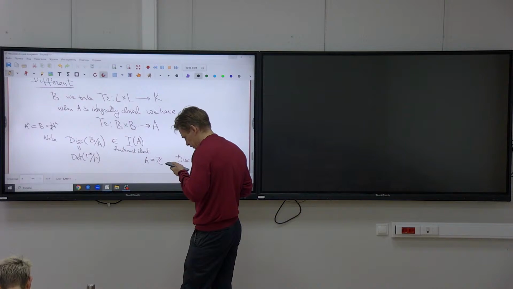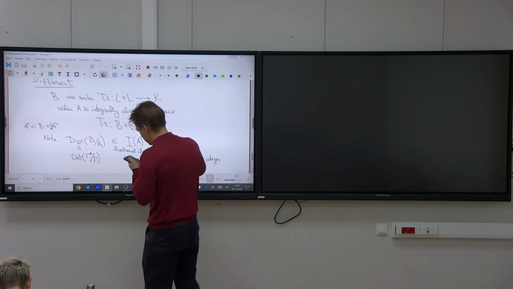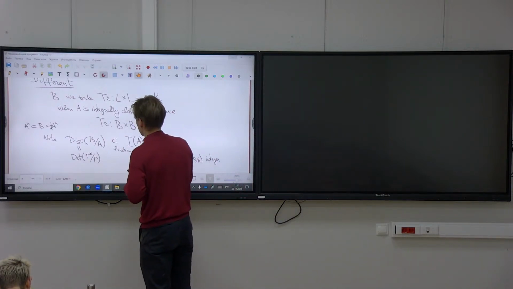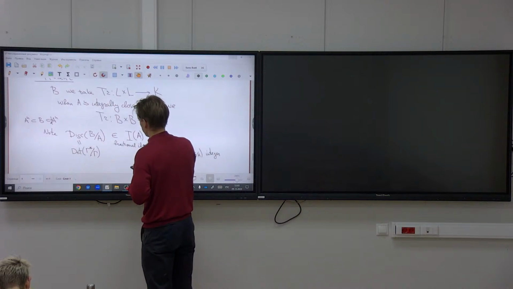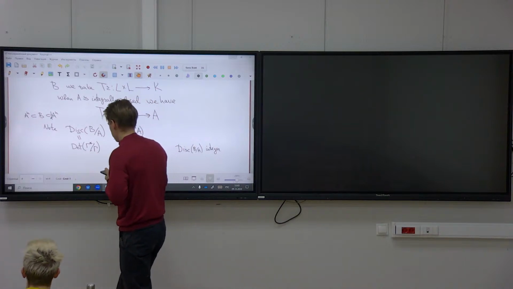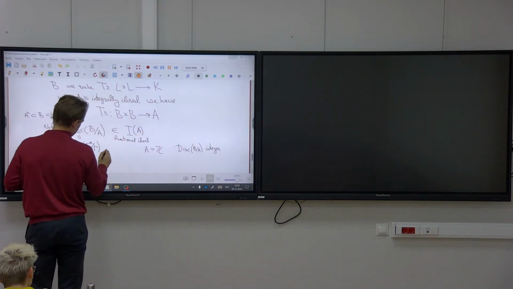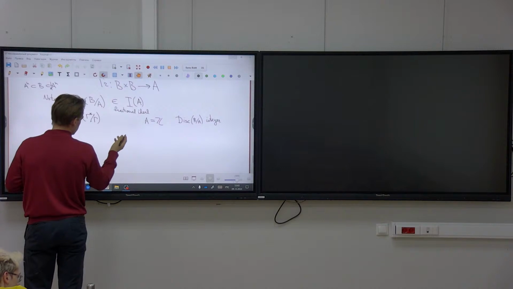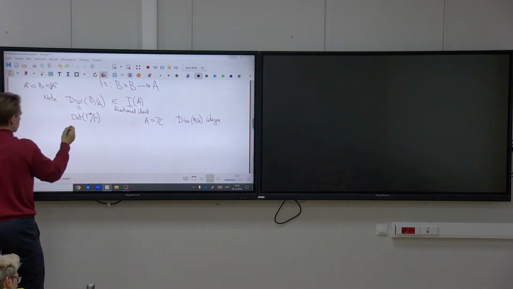So we define, as before, the ring B dual, which is a dual lattice.